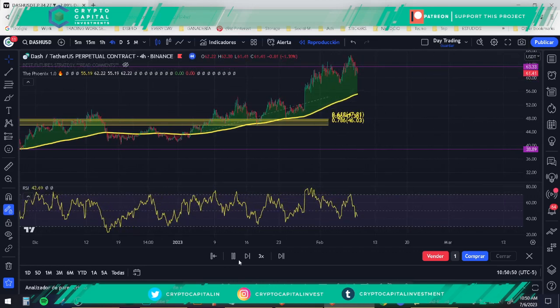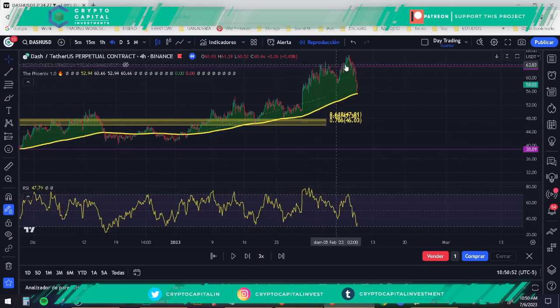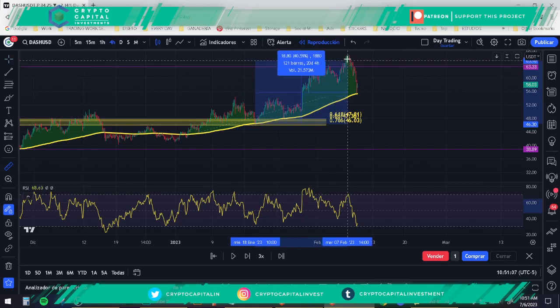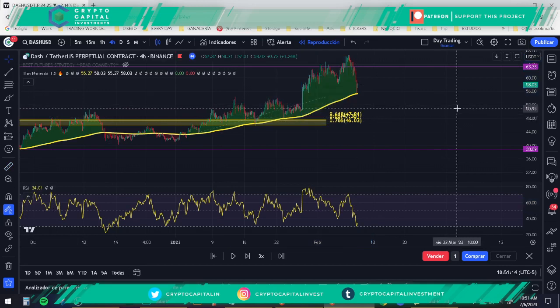This is a selling point for sure, just because of that weekly resistance, right? And you can see in the big picture it's also making a huge divergence, so you could be hitting this sell button, and from here all the way here it's a 43% movement to the upside, and yeah, that's a nice return, right?